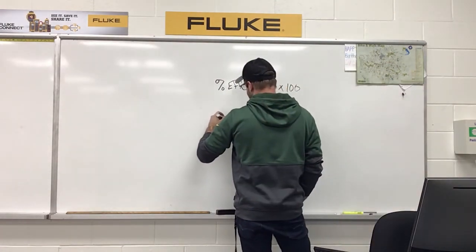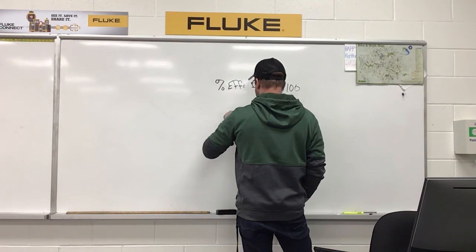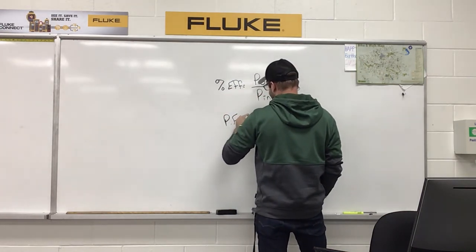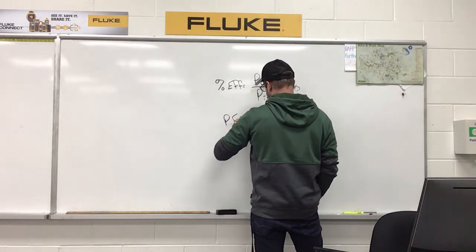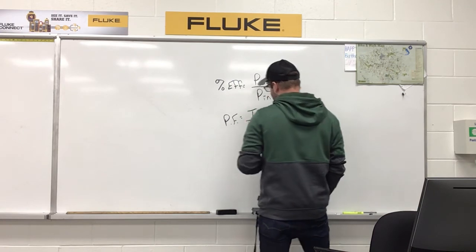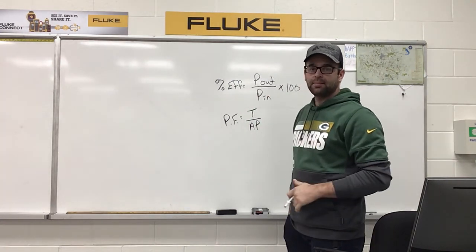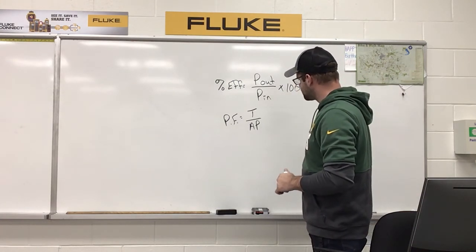Next formula we're going to be looking at is our power factor, and that's going to be our true power over our apparent power, and obviously that would become a decimal, but if you multiply it by 100, you can get it as a percentage.